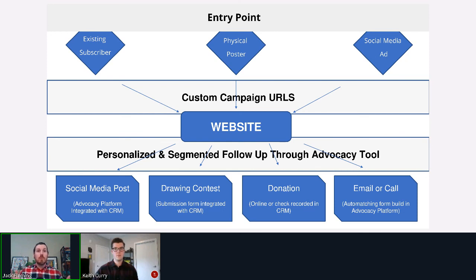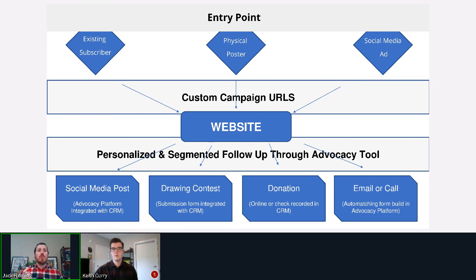Two ways this is helpful. One, which we'll talk about next, is how we use that data for the next action coming out of that website. Two, it's also a great measure of return on investment. You sent out an email to subscribers and you got X number. You're doing the physical poster, you got X number. You're doing paid ads that cost X amount of money and you got X number of entries.